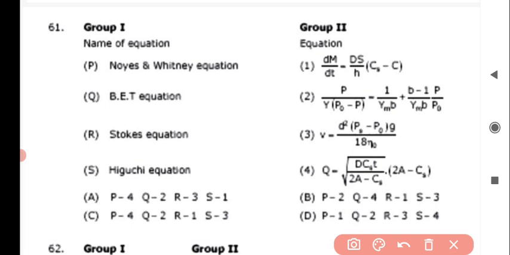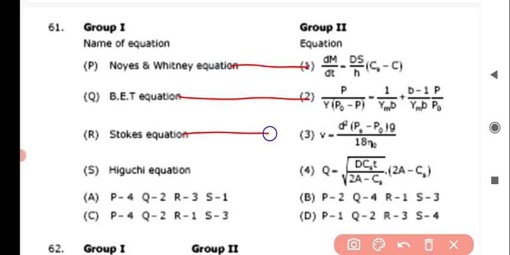For the first equation, the Noyes and Whitney equation, the correct answer is option number 1, that is dm by dt is equal to DS upon h whole into Cs minus C. The next equation is the BET equation, and the correct answer is option number 2, that is P upon Y bracket P naught minus P whole equals 1 upon Ym b plus B minus 1 upon Ym b into P upon P naught.